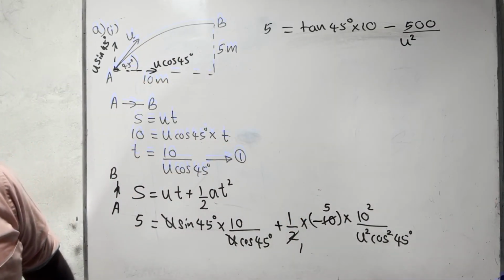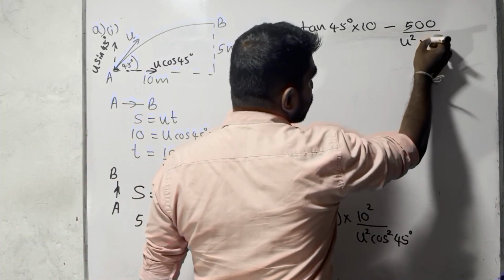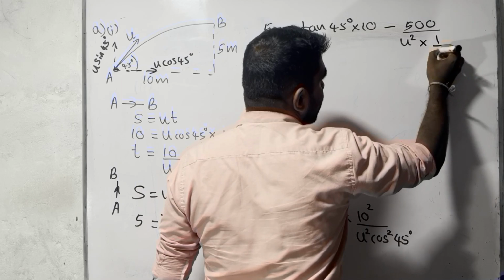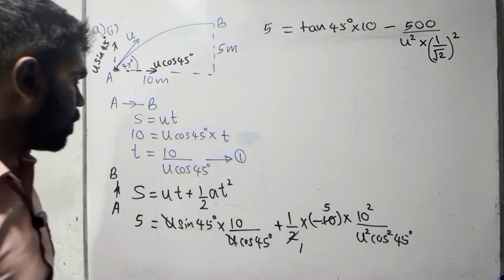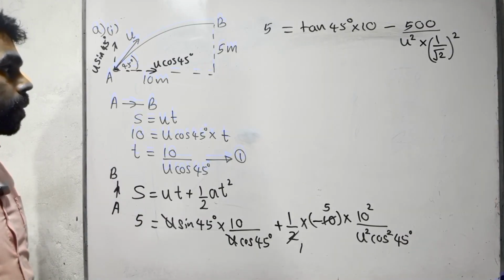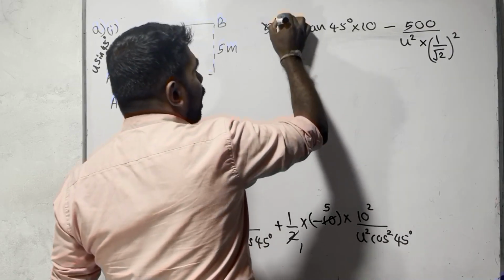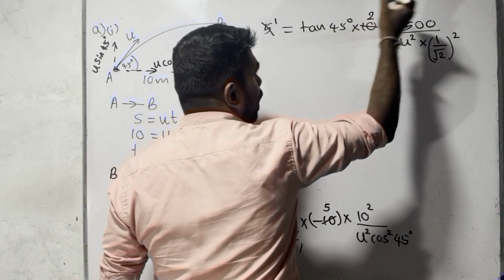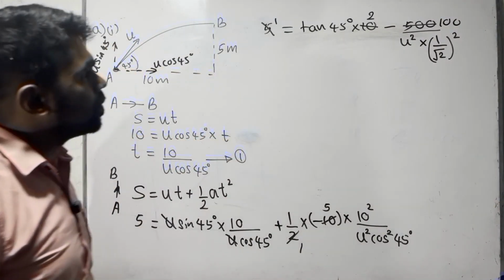Then getting the square, 1 over root 2 squared means half. Now we can cancel out all terms by 5. 5 divided by 5 is 1, 10 divided by 5 is 2, 500 divided by 5 is 100.